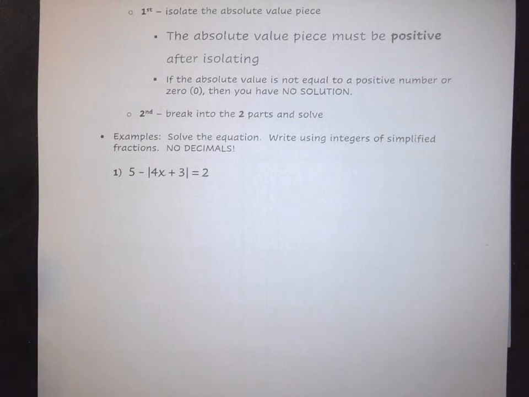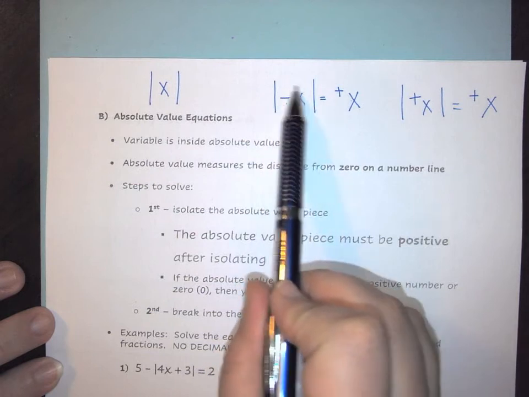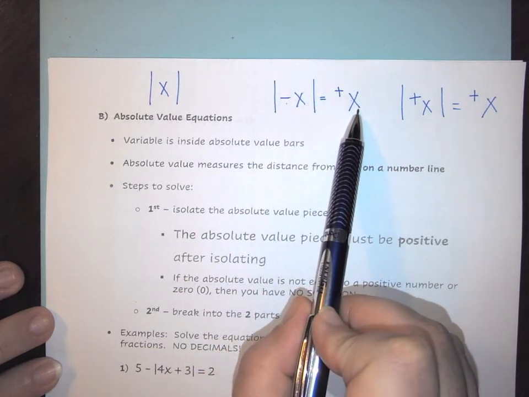The other piece is that after you isolate it, whatever you have on the right hand side of your equation must be positive. The reason for that comes back to our definition. The sign does not matter inside your absolute value bars, but it definitely matters outside.